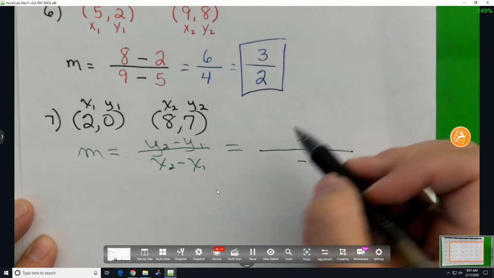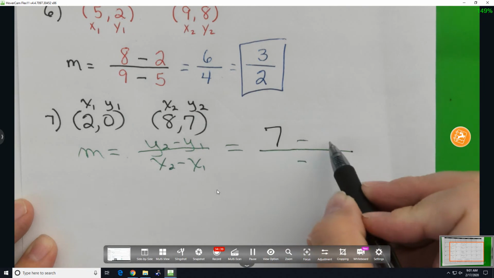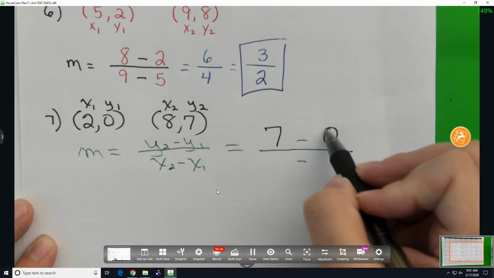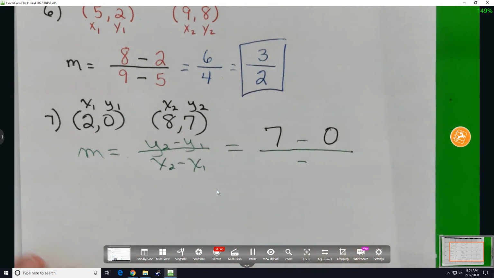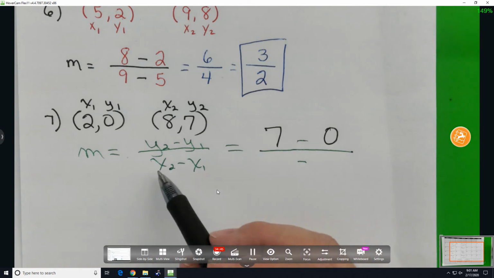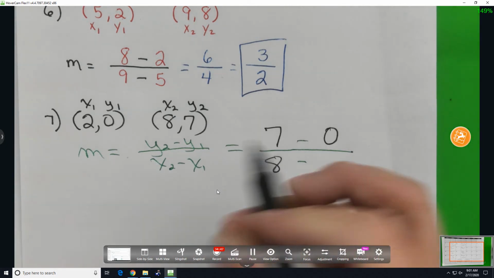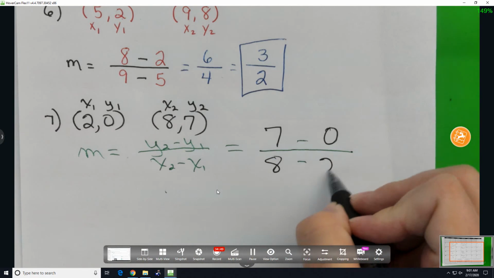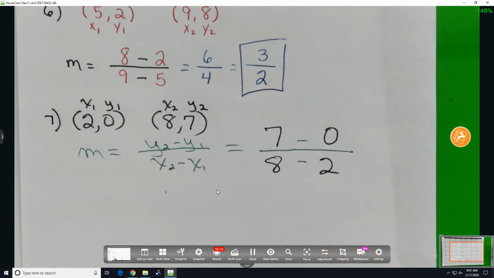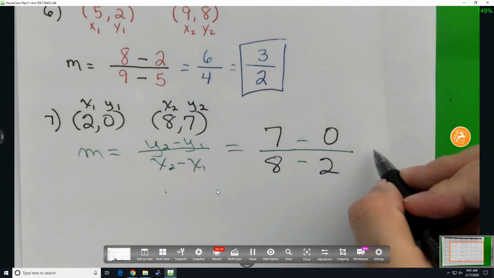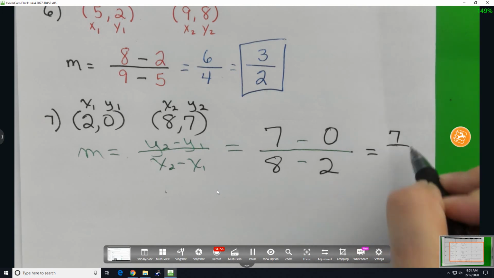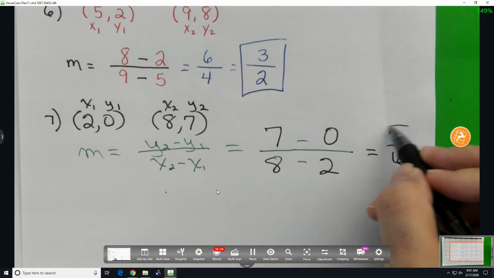What's going to go here? 7 minus 0, the y1, all over 8, x2 is 8, and 8 minus 2, I agree. And what's that going to give us as our slope? 7 over 6, or 7/6.